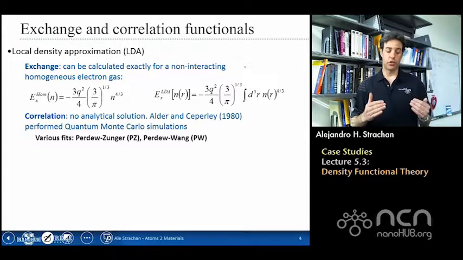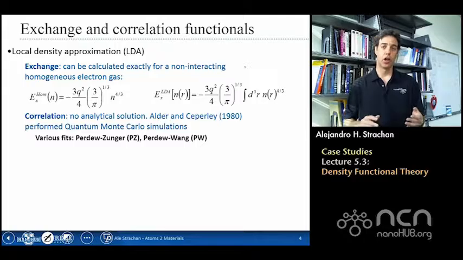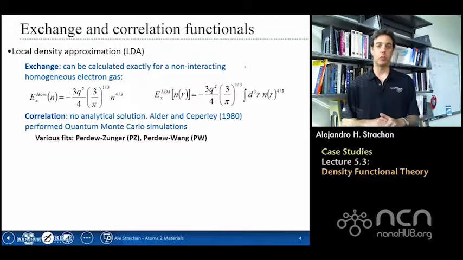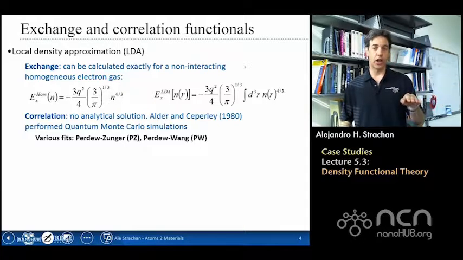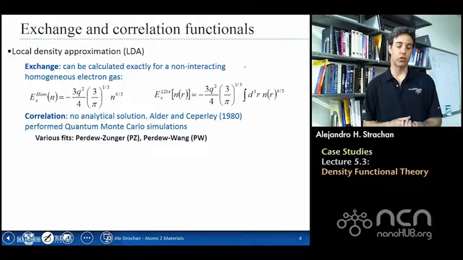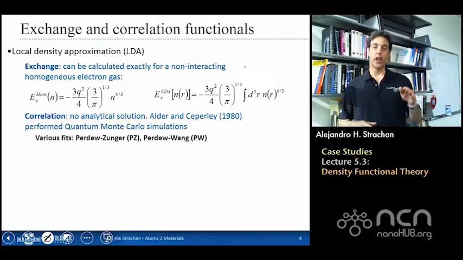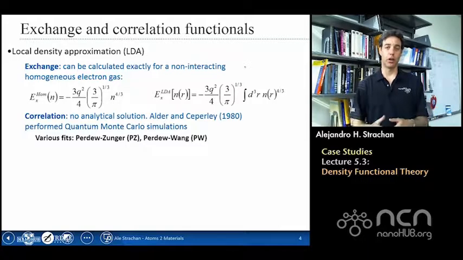As we just discussed, we don't know what the form of these functionals are, but in the 80s people developed very, very good approximations. And if you look at the use of density functional theory for electronic structure calculations, in the 80s it really takes off and becomes extremely popular.